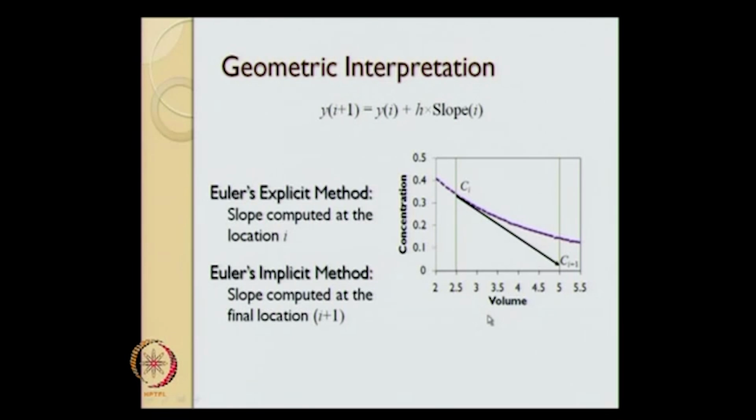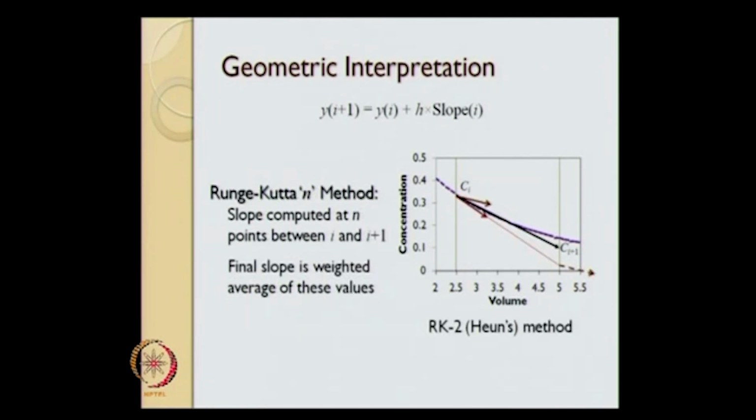In the Runge-Kutta method we use multiple points between V i and V i plus 1. Okay. So nth order Runge-Kutta method uses slopes computed at n points between i and i plus 1, both these points may be inclusive, and the final slope is nothing but the weighted average of these values.